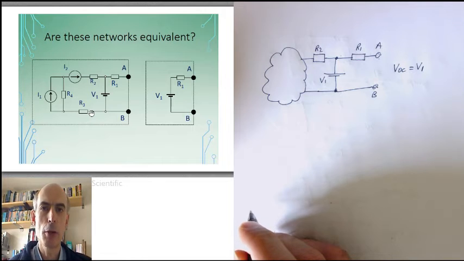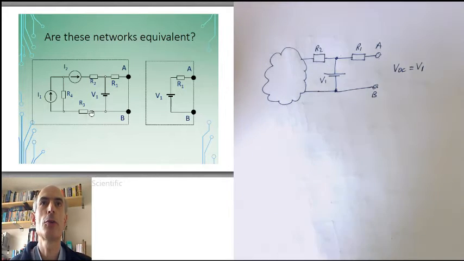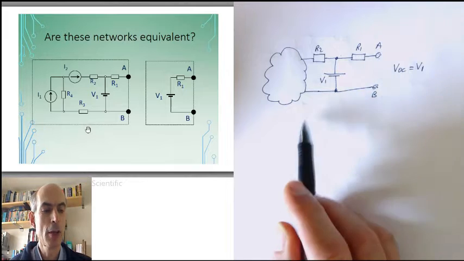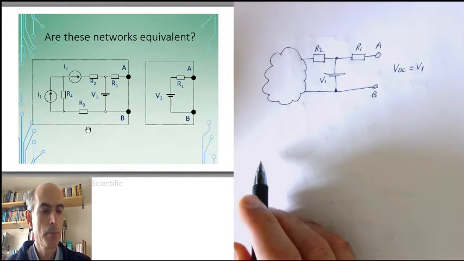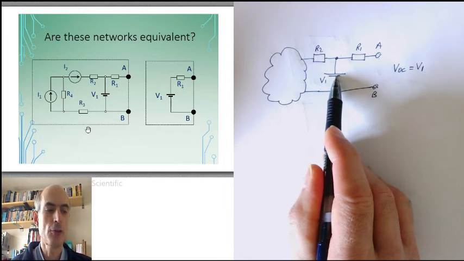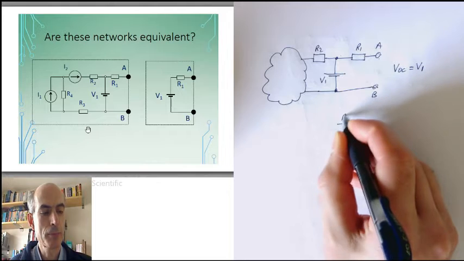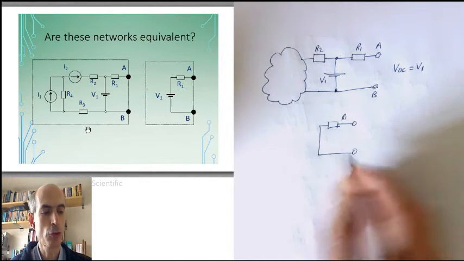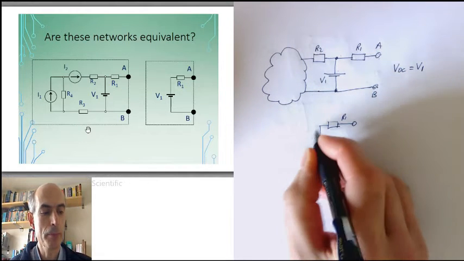Now, what about the Thevenin equivalent resistance? If you don't have any dependent sources, which we don't here, we can determine the Thevenin equivalent resistance by setting all of the independent sources to 0. If I set this voltage source here to 0, then the network I would end up with would look like this. A resistor of R1 going through a short circuit, that just replaces the voltage source with a wire.